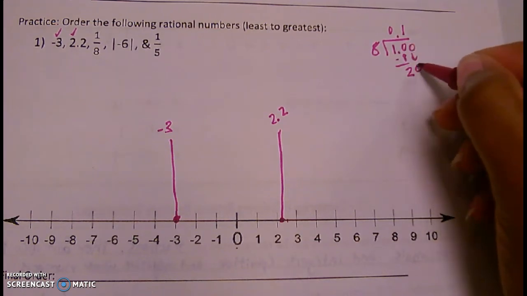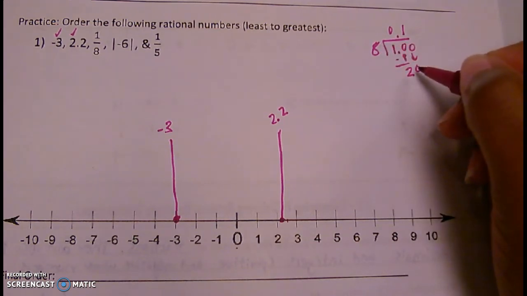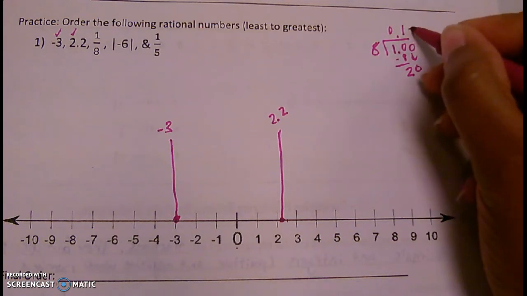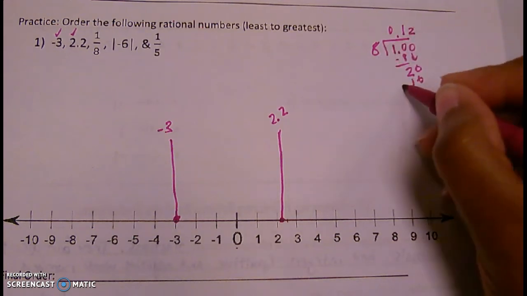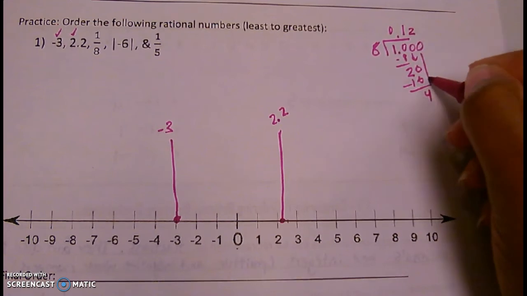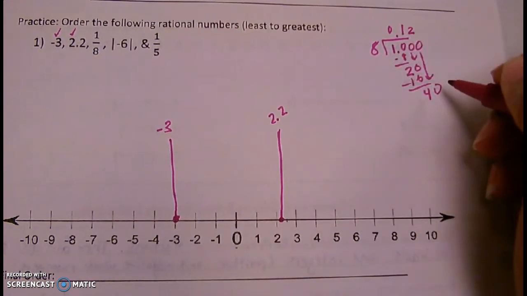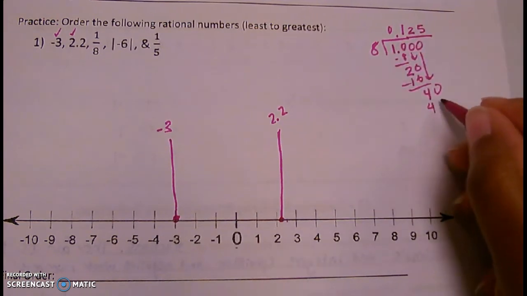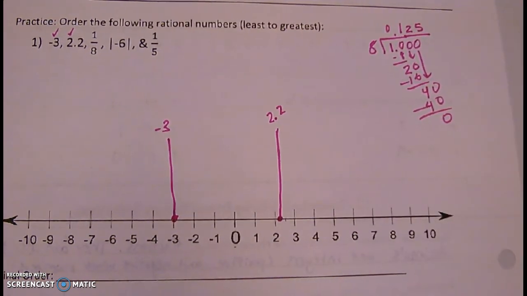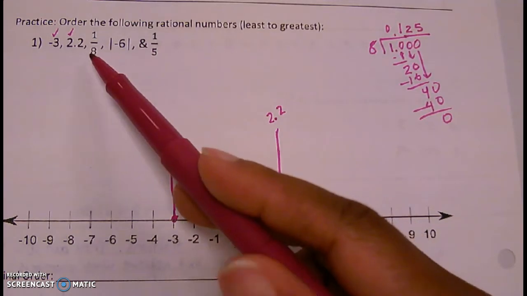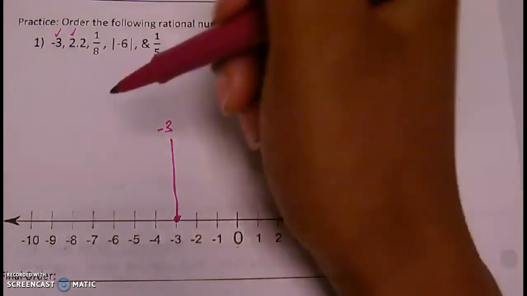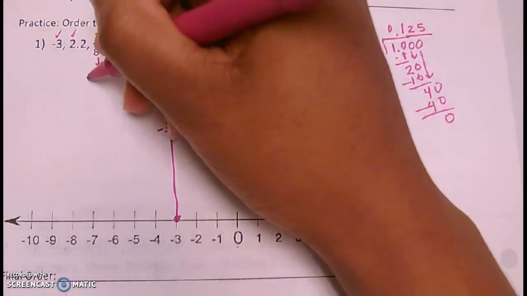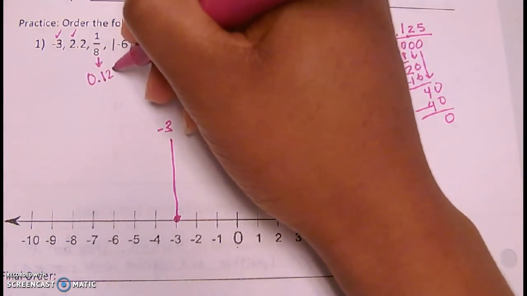If I bring that down, 8 can go into 20 2 times, and that's going to leave me with a remainder of 4. 8 can go into 40 5 times, and that's going to zero me out. Okay, so that means that 1/8 is the same thing as 0.125.